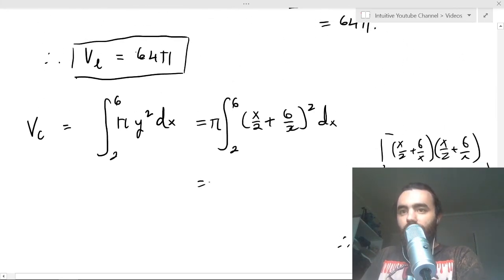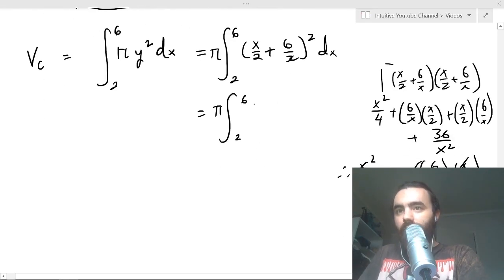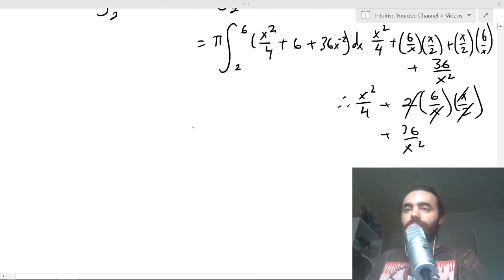So this is actually pi, between 6 and 2, of x squared over 4 plus 6 plus 36 over x squared dx. We can write this as 36x to the negative 2. So now we can work this out.